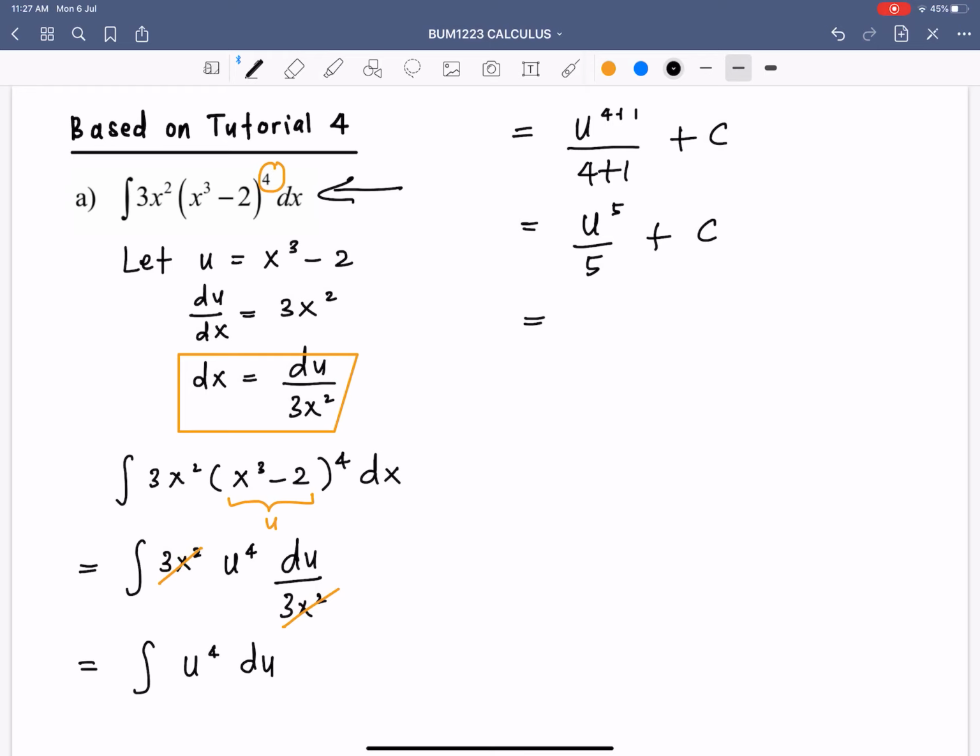Therefore, we need to give the answer in terms of x, and we know that u is equal to x cubed minus 2. So we will substitute u with x cubed minus 2, giving x cubed minus 2 power of 5 over 5 plus c. So this is the final answer for this question. This is based on question 5 of your tutorial 5A.